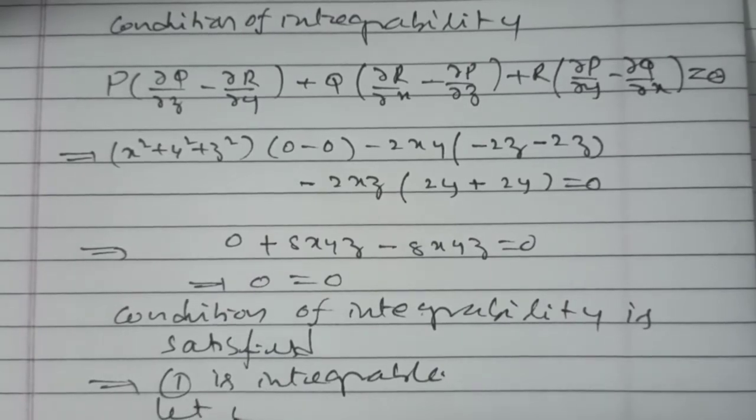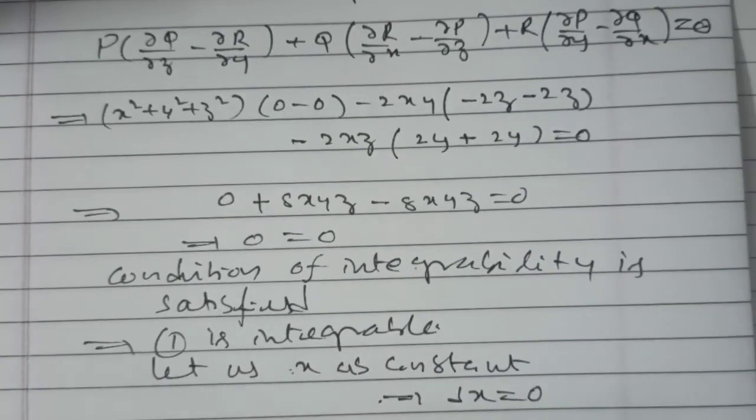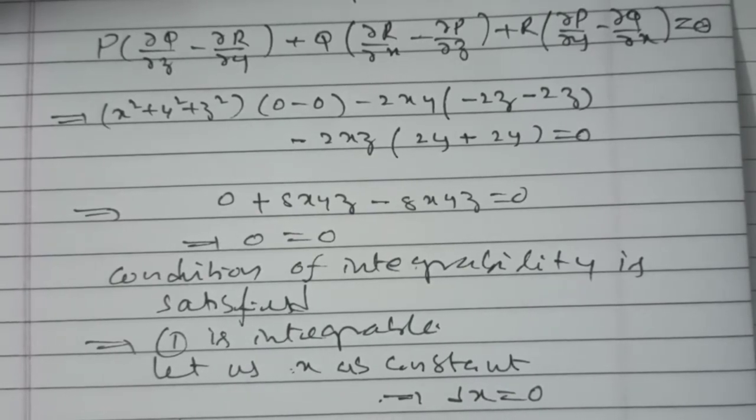Let us take x as constant, implies dx is equal to 0. Put in 1. So 1 implies minus 2xy dy minus 2xz dz is equal to 0.